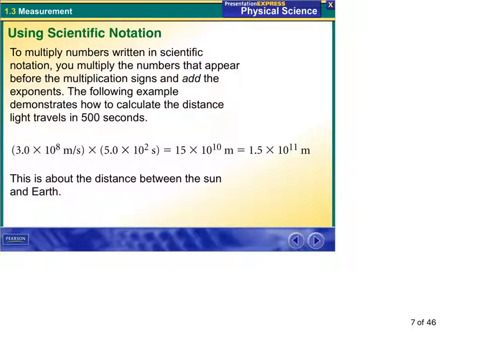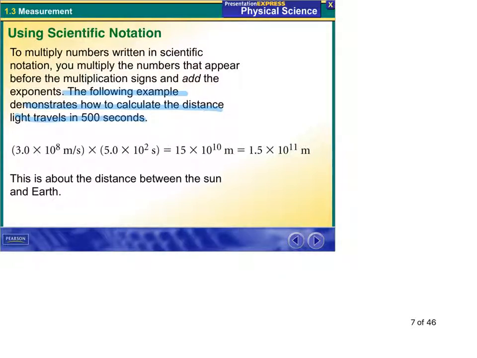You can use scientific notation in calculations. Here we're going to figure out how to calculate the distance light travels in about 500 seconds.